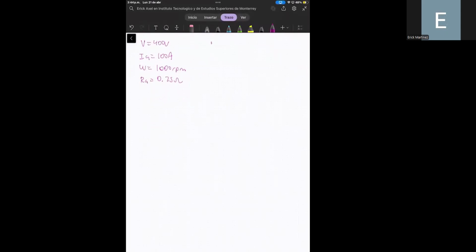Because we know that the mechanical power is equal to the electromagnetic torque times the speed. And also we know that the mechanical power is equal to the back EMF voltage times the armature current. So if we equate these two equations, we have the following relationship, okay?